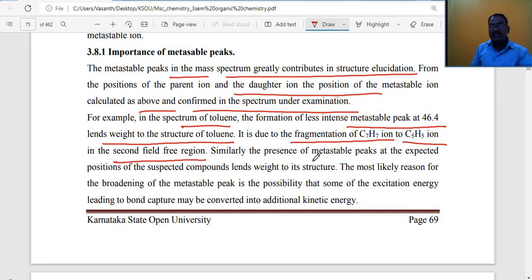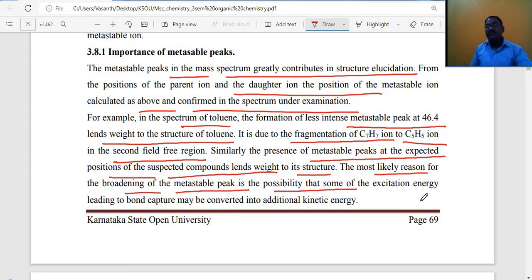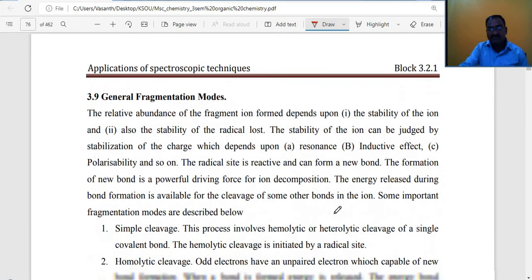Similarly, the presence of metastable peaks at the expected positions of a suspected compound lends weight to its structure. The most likely reason for the broadening of the metastable peak is the possibility that some of the excitation energy leading to bond cleavage may be converted into additional kinetic energy.